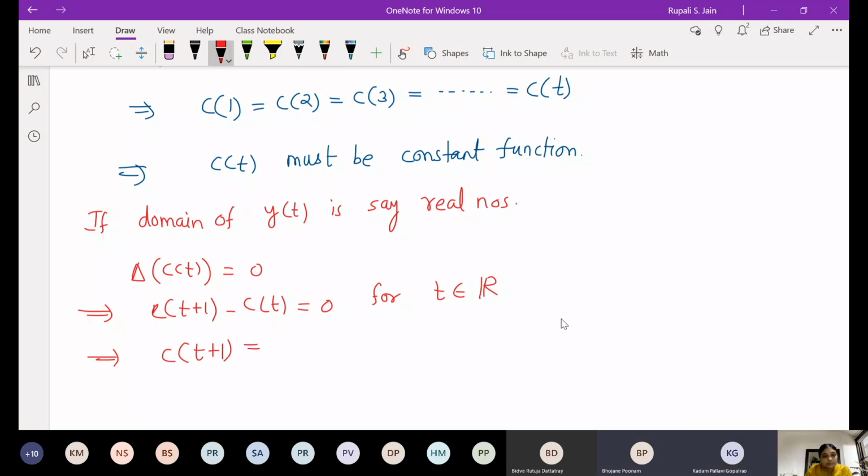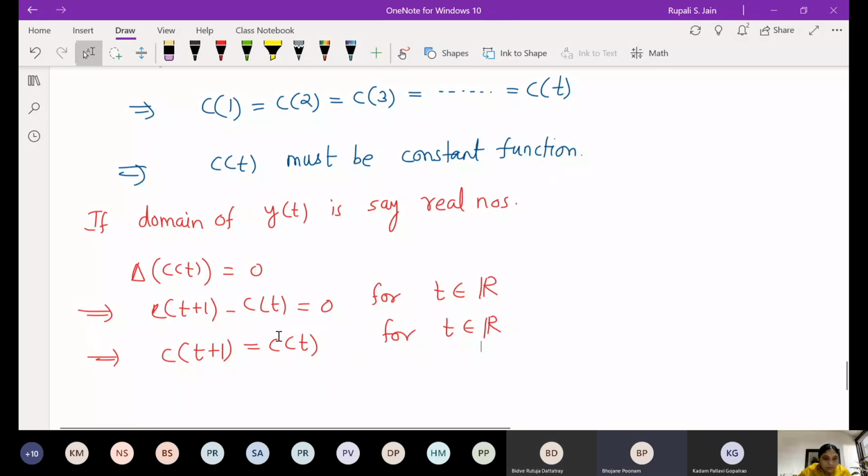Again a constant function? Is that a constant function? Only a constant function will satisfy that property, or can you remember anything else?